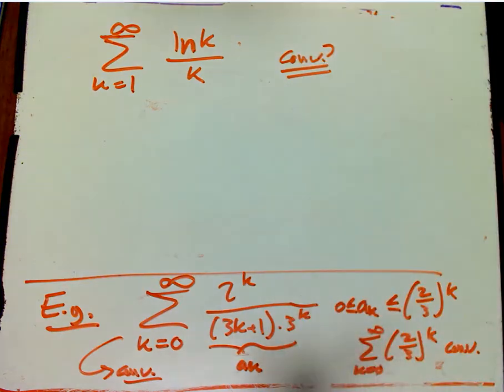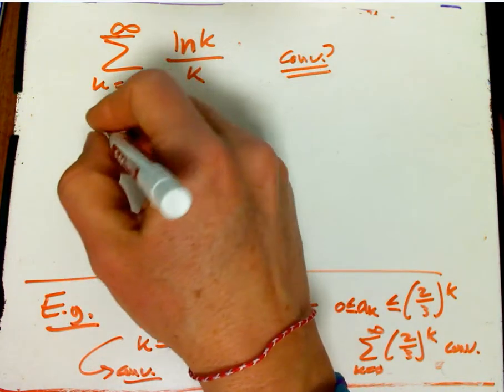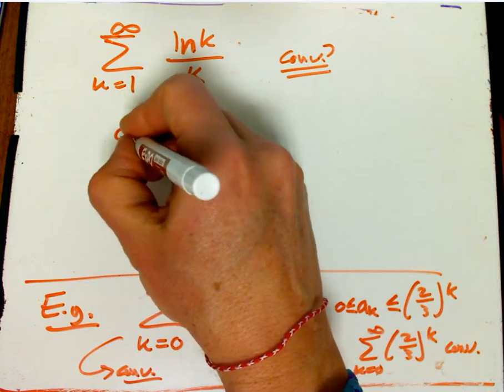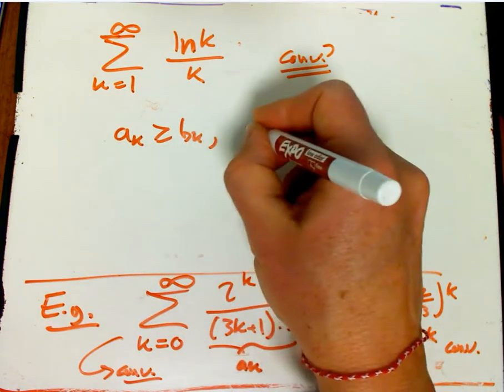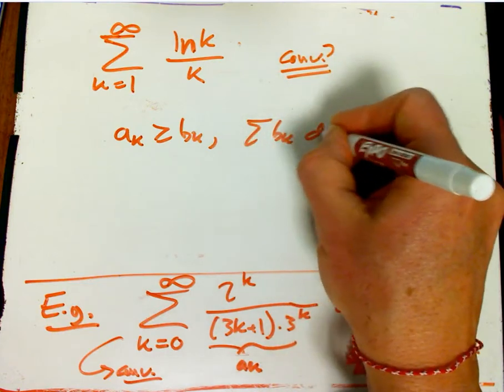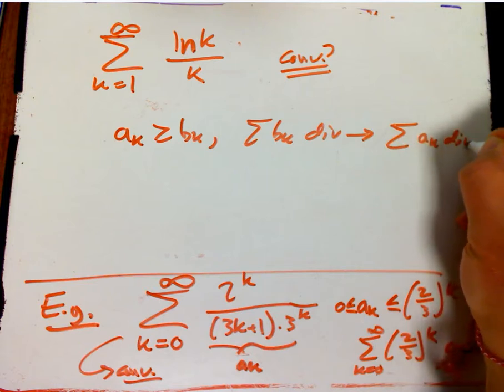Okay, well, this is really using the flip side of the comparison test. If you're better than good, you're good. But if you're worse than bad, you are bad. So this is really logically equivalent to what we said before, but I'll say it explicitly. If a sub k is bigger than b sub k, and the sum of b sub k diverges, then the sum of a sub k also diverges.